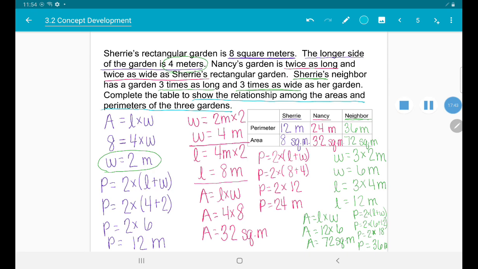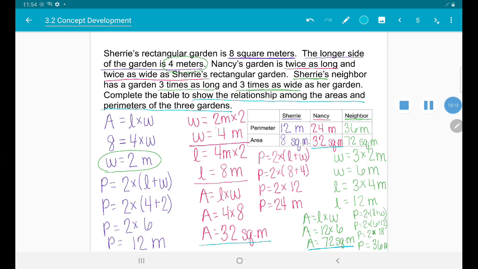All right, so let's talk about this for just a minute. Nancy's garden had an area of 32 square meters. The neighbor's garden had an area of 72 square meters. So the length and the width of Nancy's garden were double, or 2 times as big.